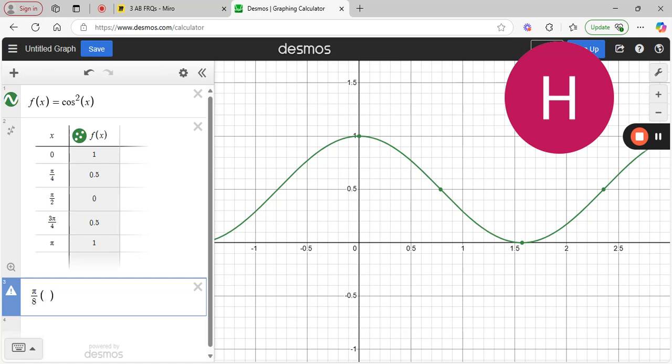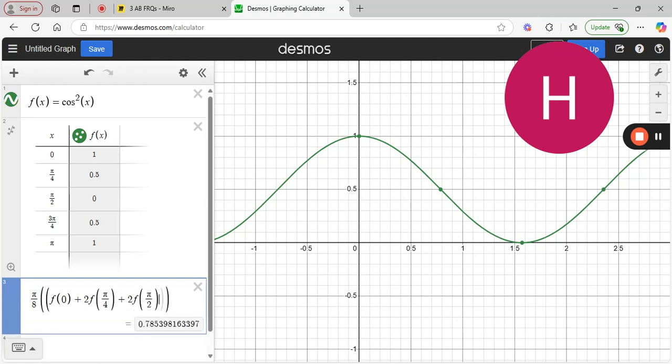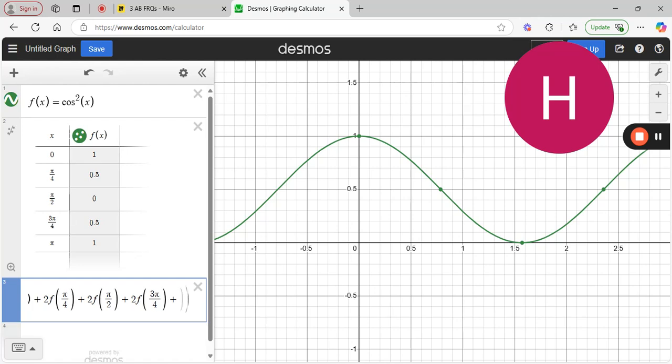So I can simply plug in f of 0 plus 2 times f of pi over 4, plus 2 times f of pi over 2, plus 2 times f of 3 pi over 4, plus f of pi.